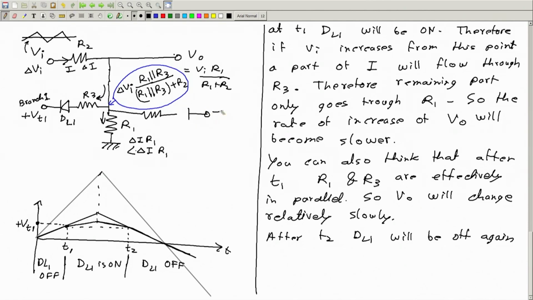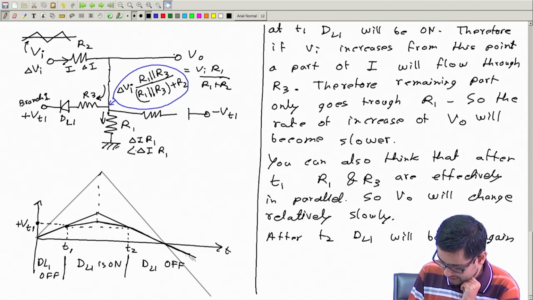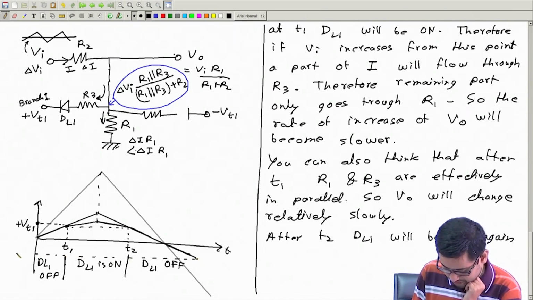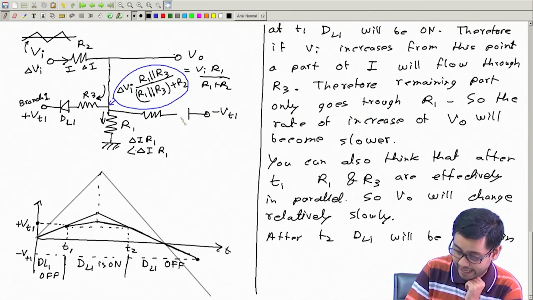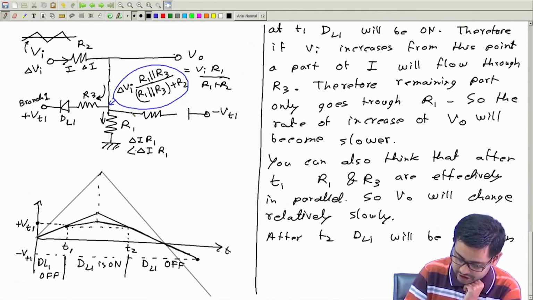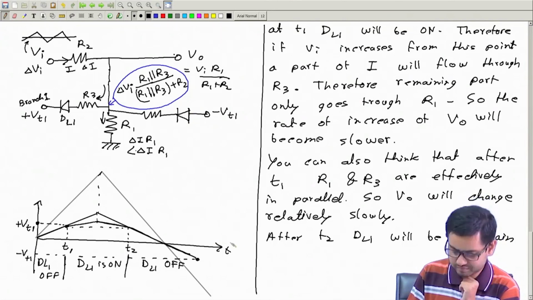So this side I'll put minus VT1, so that when this voltage is minus VT1, if this voltage goes below minus VT1, this part should become active. Okay. So if this side goes lower, then this diode should be on. So I'll put the diode in this way. Do not memorize, always think what to do.